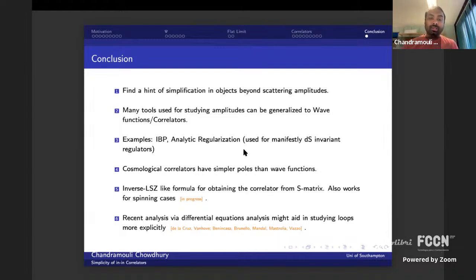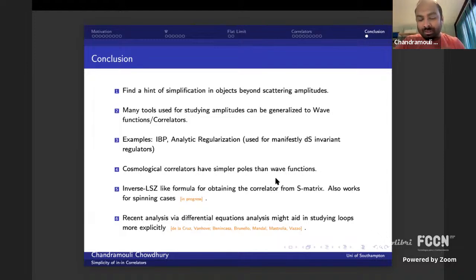And one main takeaway from this talk, if it could be summarized, is perhaps that cosmological correlators have simpler poles than the wave function. And because of them having simpler poles than the wave function, it means that they often lead to integrals which have lower transcendentality. And this statement can also be viewed as de Sitter correlators are simpler than AdS correlators.